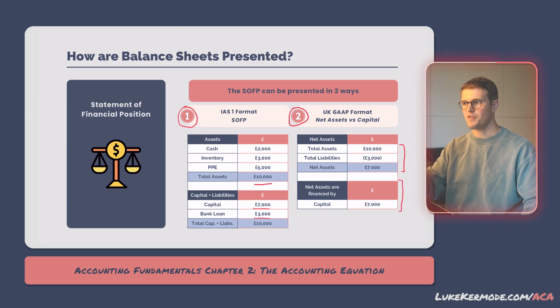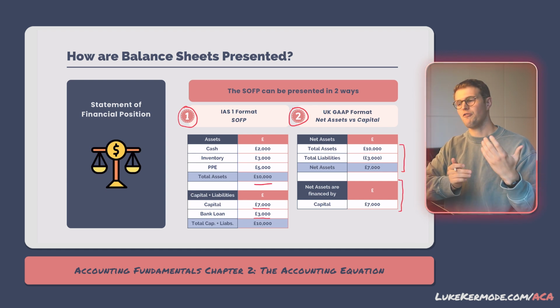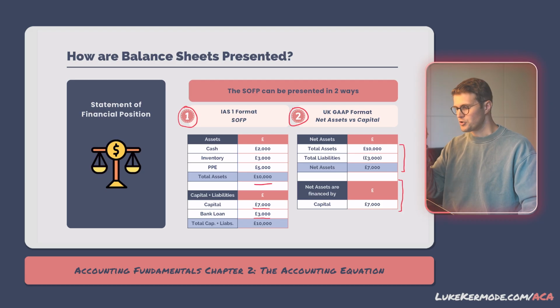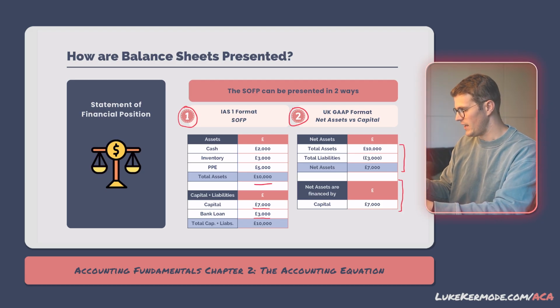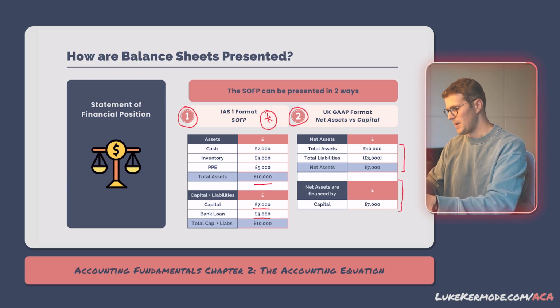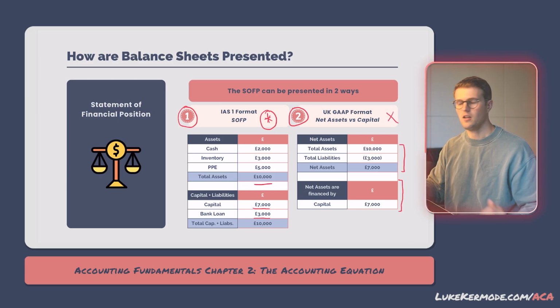Both layouts show the same thing. They show the exact same financial position, just in slightly different formats. In this accounting course, we'll just be using the IAS 1 format, where capital and liabilities are grouped together. So don't worry too much about the presentation under UK GAAP.